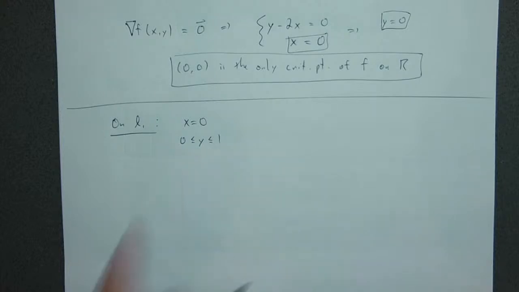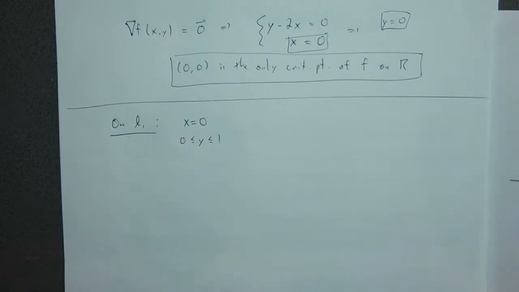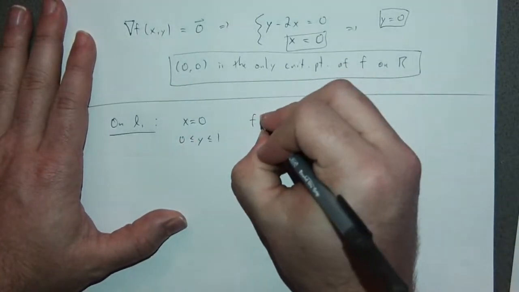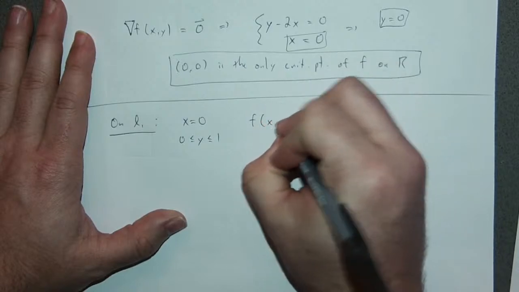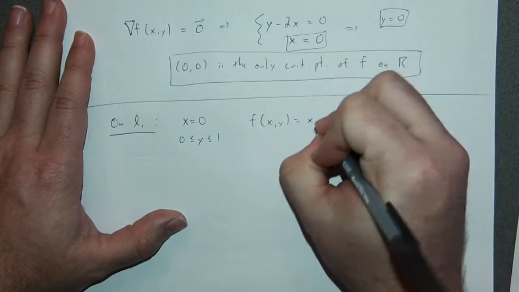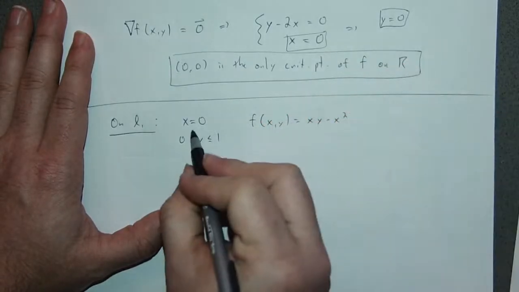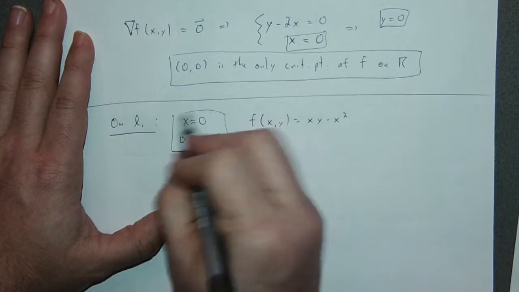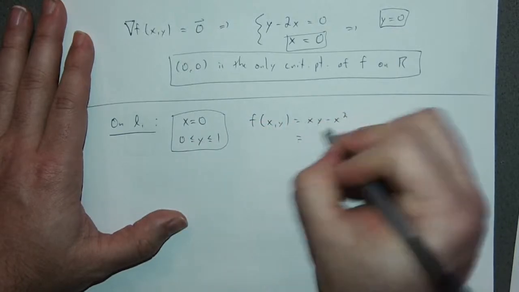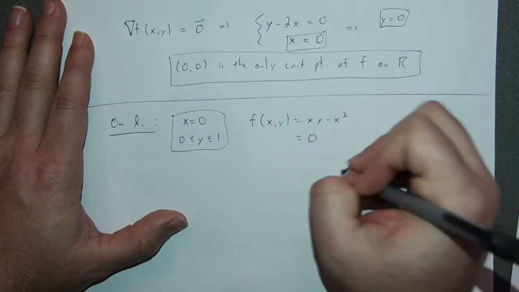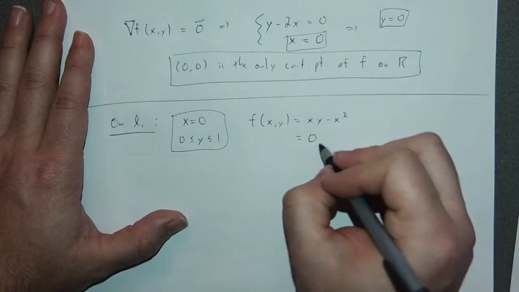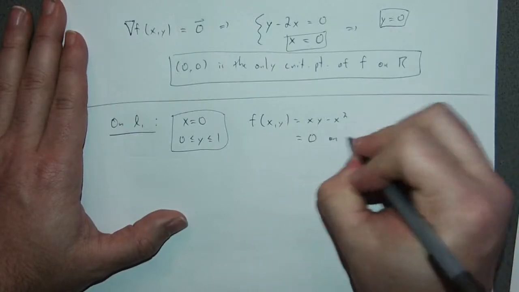So, what does this mean? If x is equal to 0 on L1, and y is going between 0 and 1, our function f of xy is xy minus x squared. But x is 0 on L1. So what does this become? 0 minus 0, or just 0? So f is identically 0 on L1.